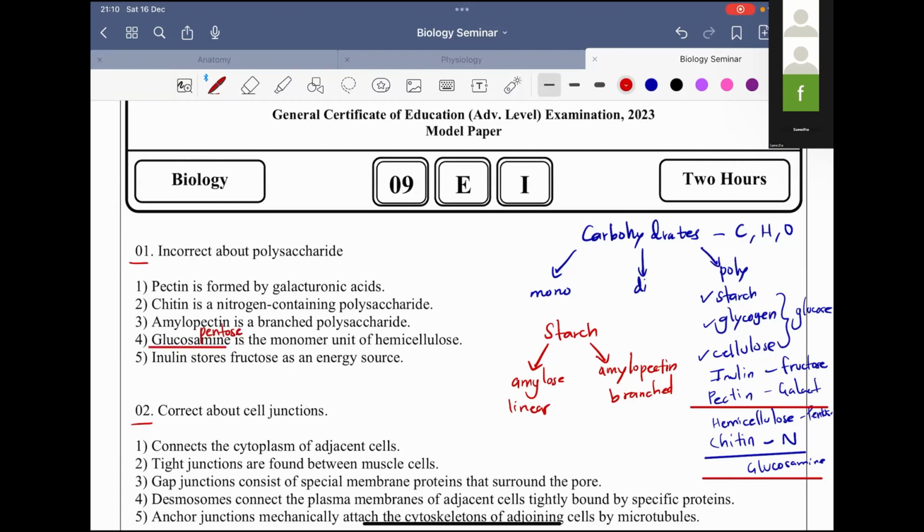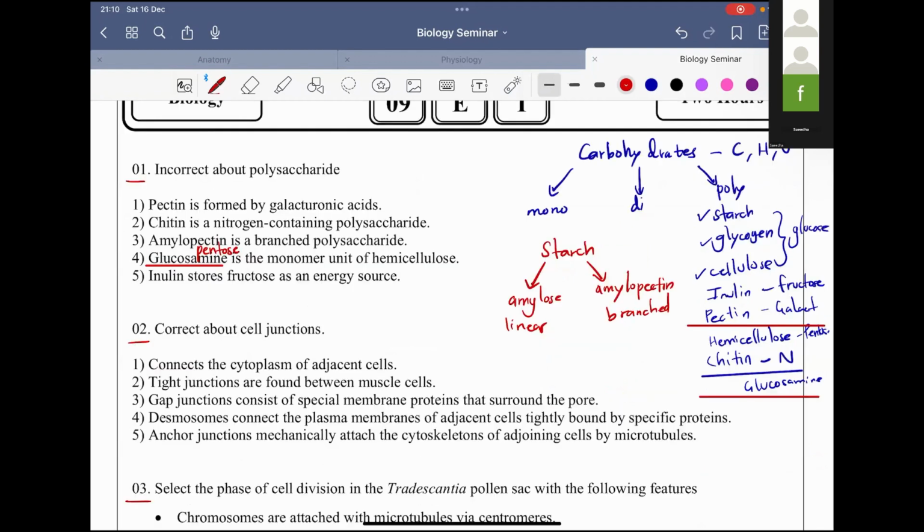Finally, inulin stores fructose as an energy store. Yes, that is correct, because fructose is stored in the tubers of Dahlia, where you can use it as an energy source. So this is about the polysaccharide.